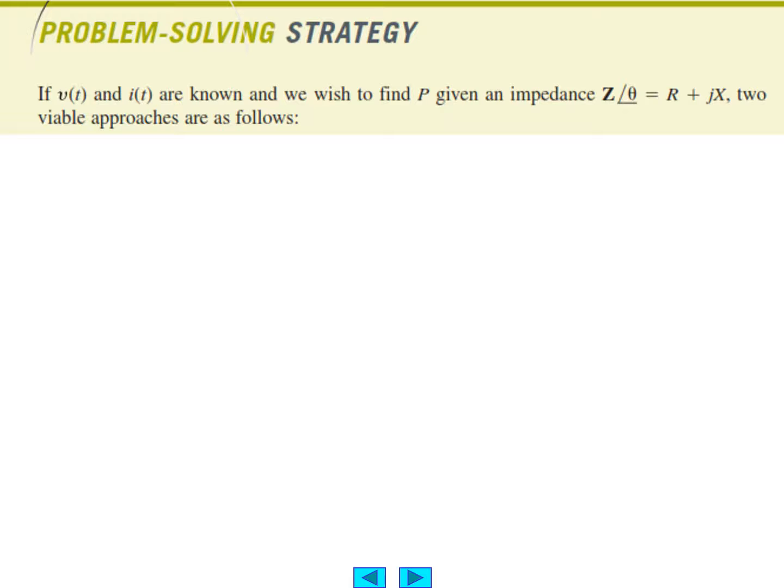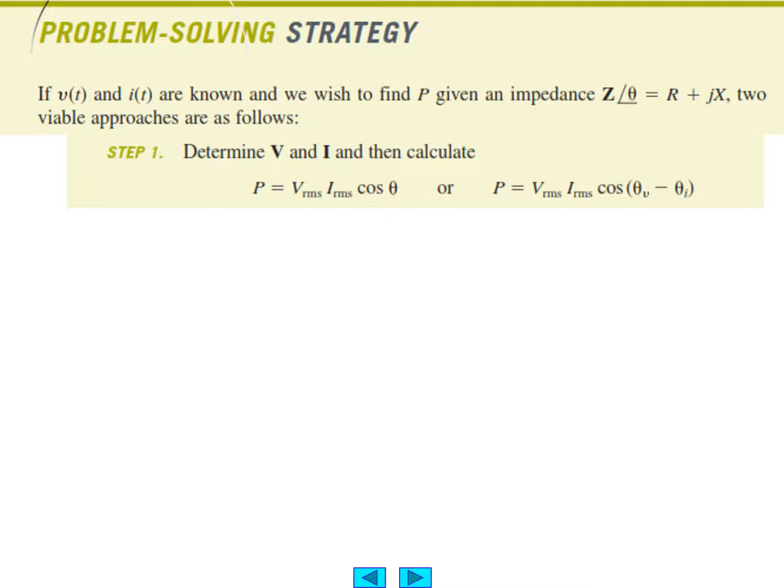Problem-solving strategy. If v of t and i of t are known, and we wish to find the power P given some impedance Z at an angle theta equal to R plus JX, two viable approaches can be followed. Step 1.